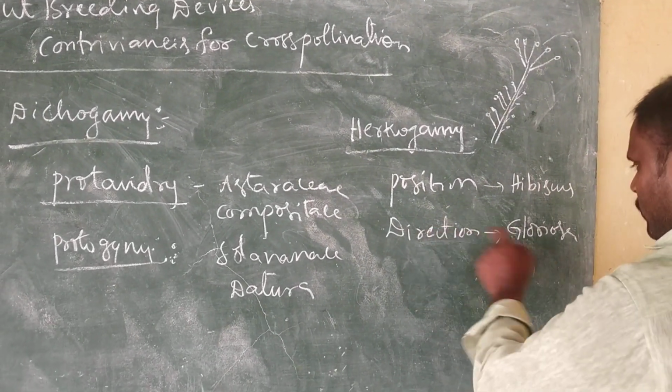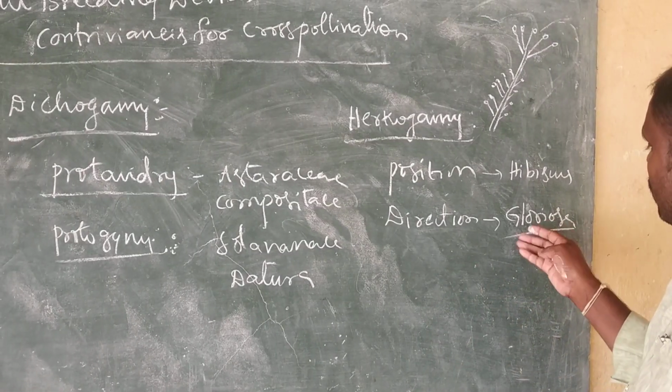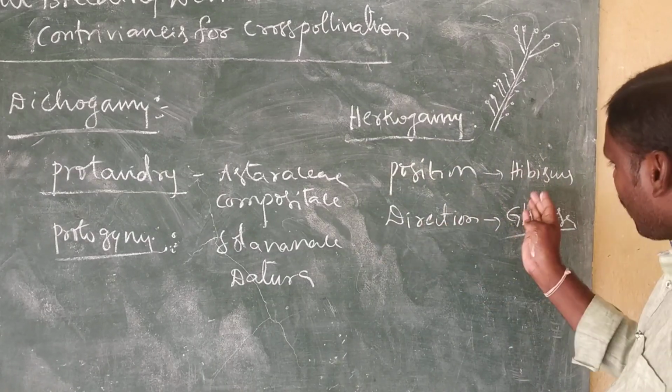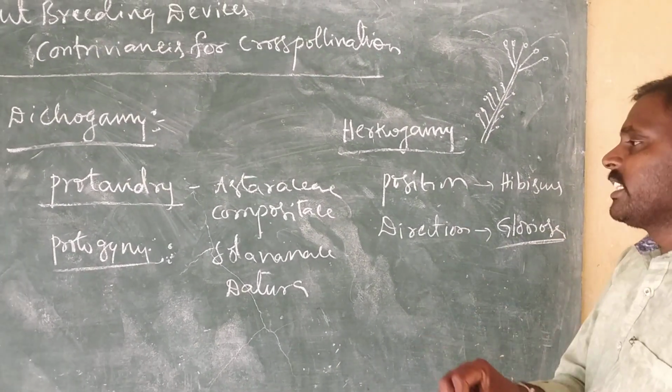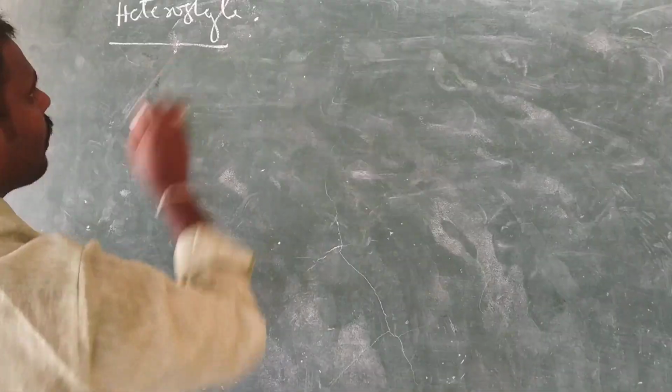What about different directions? In the case of Gloriosa, the stigma is in one direction and the anthers or stamens are in another direction, so it also facilitates cross-pollination.